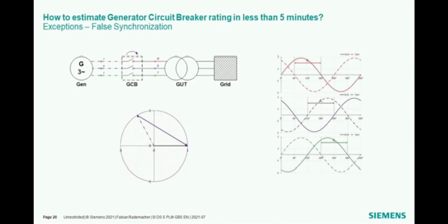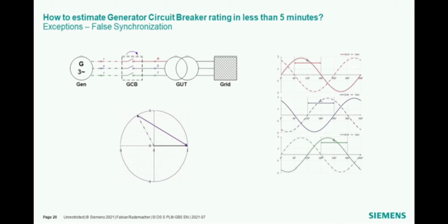Okay, another exception for this estimation tool. Let's imagine we have our generator running with its voltage on the one hand side, and the generator step-up transformer in series with the grid voltage on the other side of the generator circuit breaker.